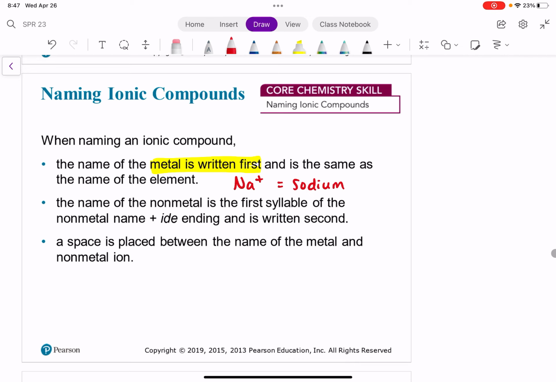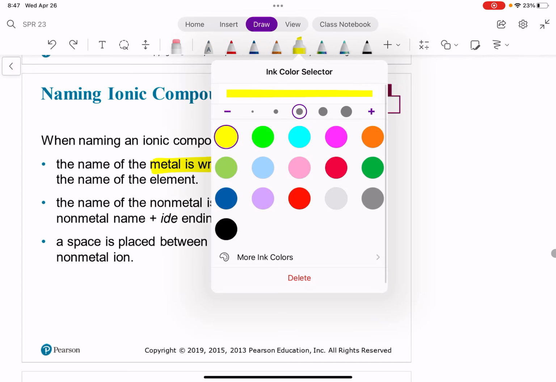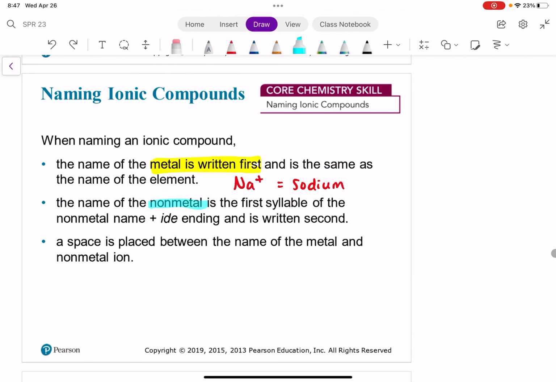The name of the nonmetal is the first syllable of the nonmetal name plus that IDE ending. Let's do the nonmetal in blue. So the nonmetal is the first syllable plus the IDE ending. I guess we'll highlight all of that.